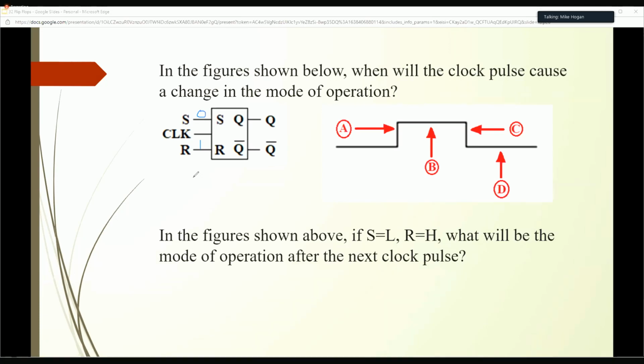Well, that was the second question. The first question is, in the figure shown, when will the clock pulse cause a change in mode of operation? So where are we triggering? What do you think?